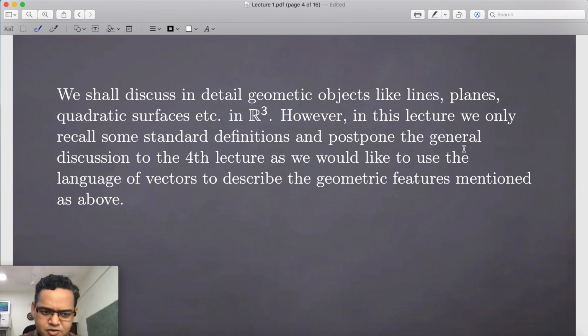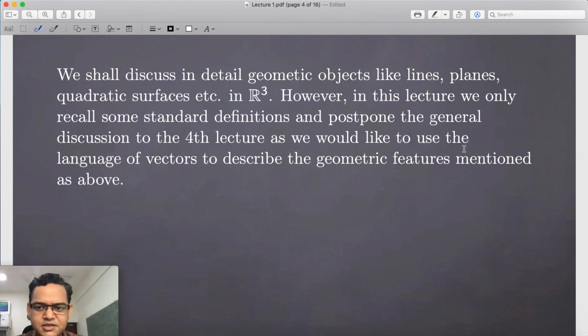But we will not do it today, because we will require some extra information, the notion of vectors. The idea is that along with the coordinate system, we also understand the notion of vectors, and then discuss all these geometric features in the language of vectors as well as in the coordinate system, so that we don't have to repeat the same thing from one language to another. Today I'm mostly going to focus briefly on the coordinate system.